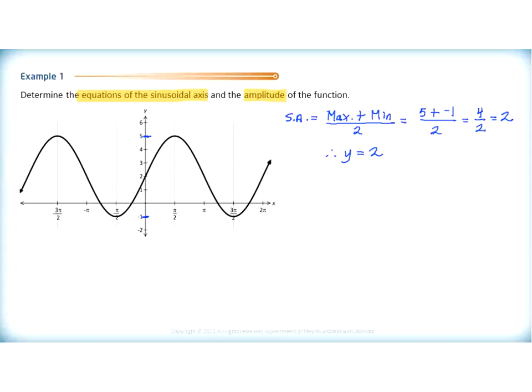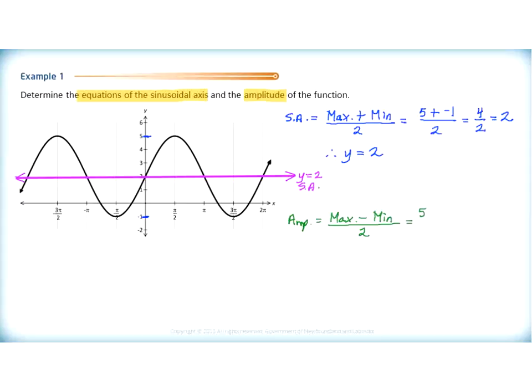Please note that this is the central line that passes through the graph of your function. So the sinusoidal axis is y equals a positive 2. In order to determine the amplitude, we can again use our formula. The amplitude is equal to the maximum value of the function minus the minimum value, divided by 2.